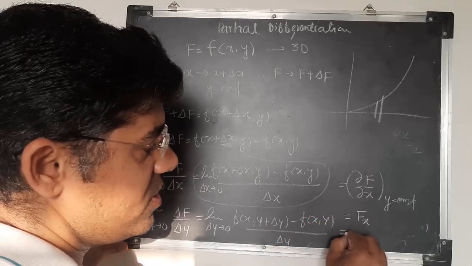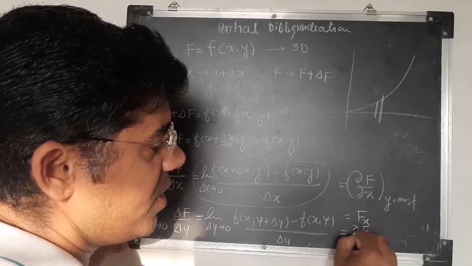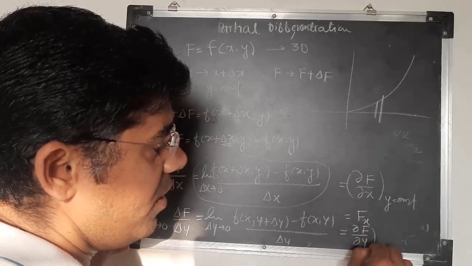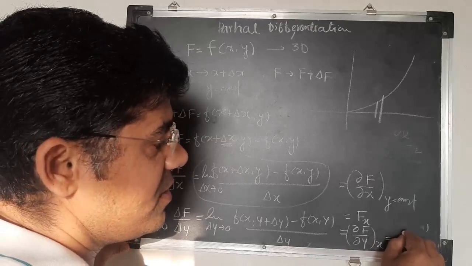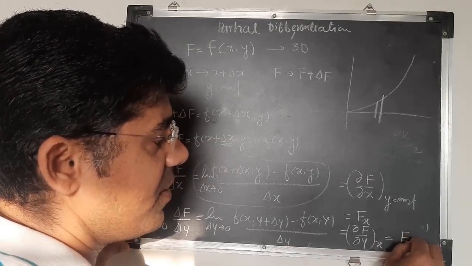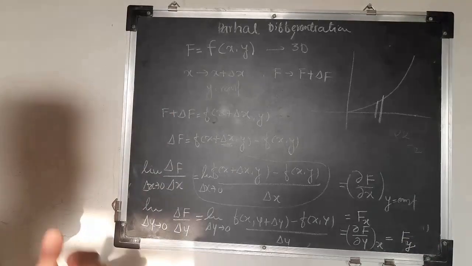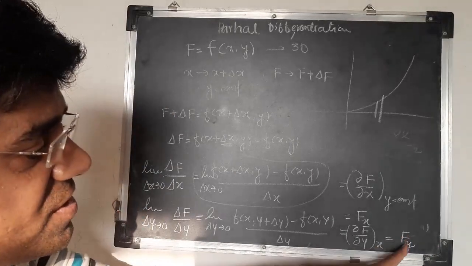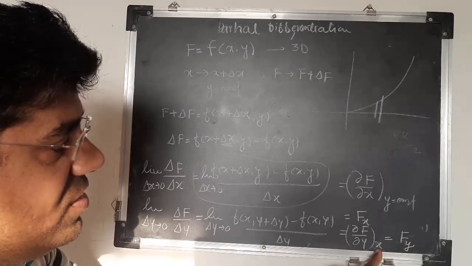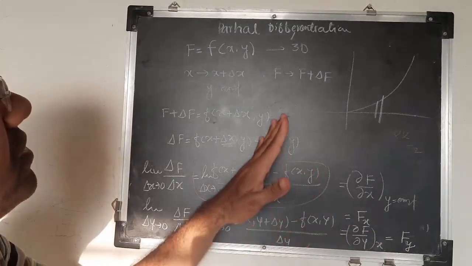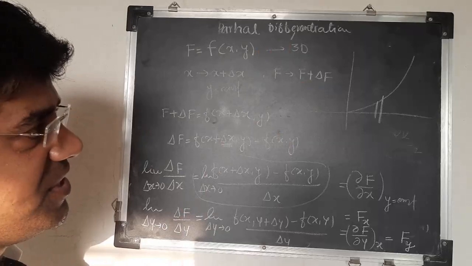Okay, so this is nothing but what? Del f by del y, where x is constant, or this we can write as f of y. This is nothing but partial differentiation with respect to y, that time x is constant.